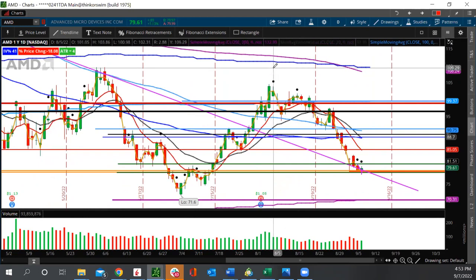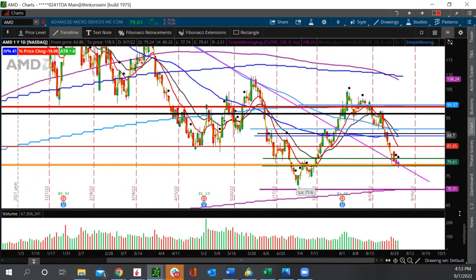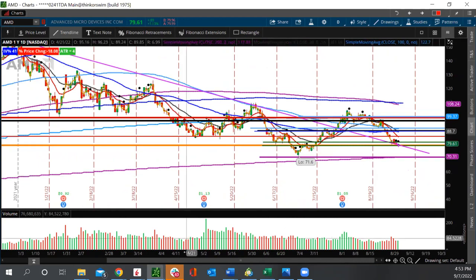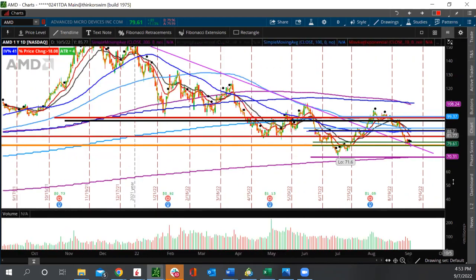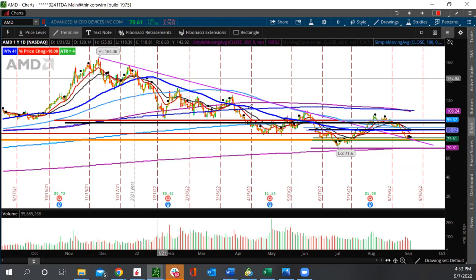This is a question for everyone to put in the chat. We just established that this trend line, all through this downturn here, was providing resistance. You can see it here, here, here.